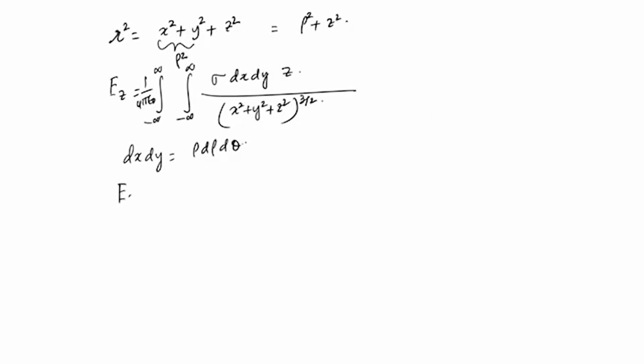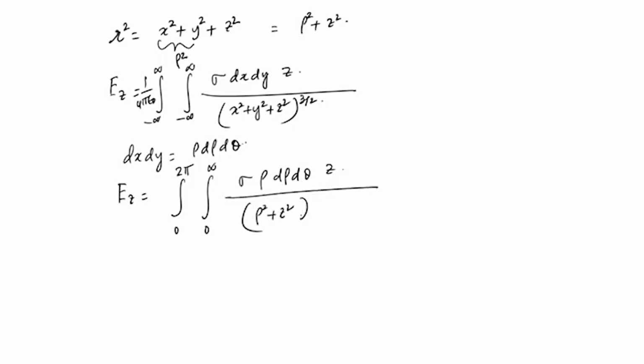So, Ez becomes equal to the integral from 0 to 2 pi and 0 to infinity of sigma rho d rho d theta, and then you have a z there, and then you have rho square plus z square whole to the power 3 by 2.